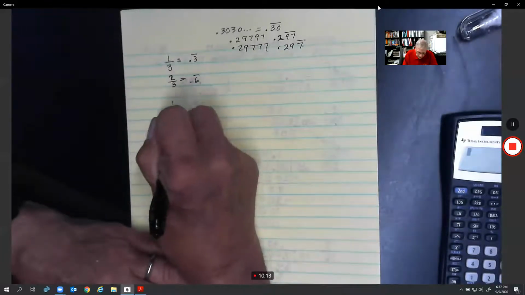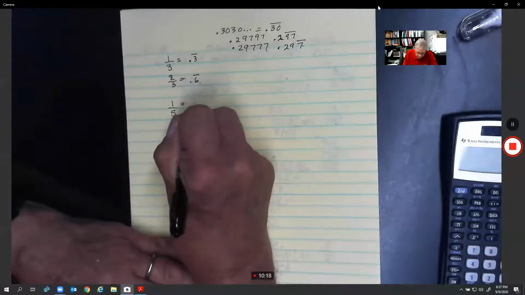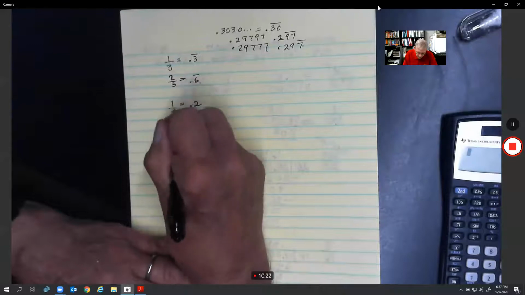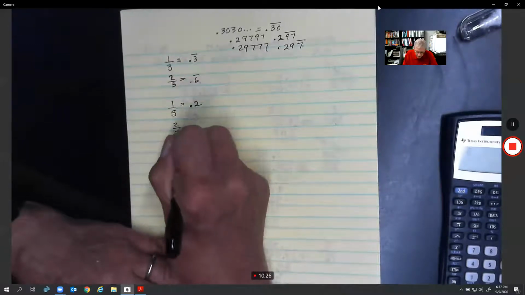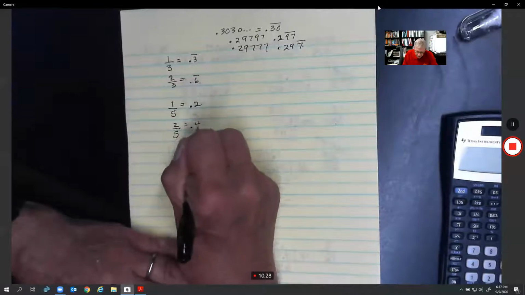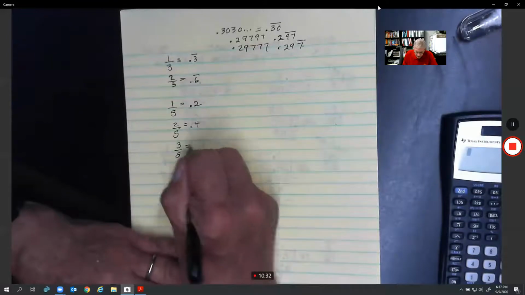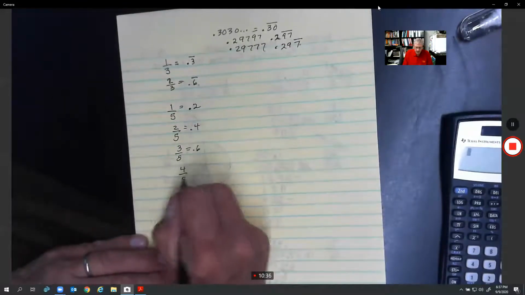How about these, the fifths? 1/5 is 0.2, and you can check it on your calculator. This would be 1 divided by 5. 2/5 is 0.4. 3/5 is 0.6. 4/5 is 0.8.